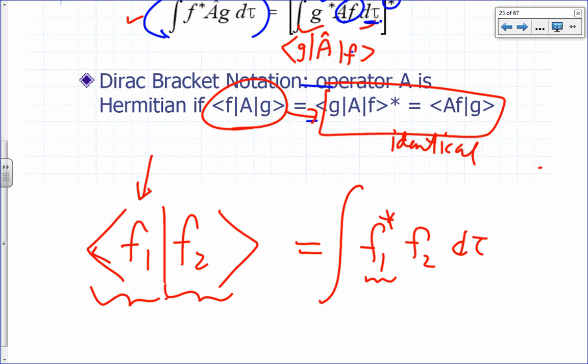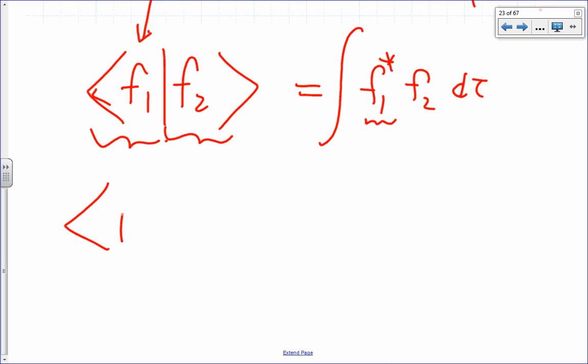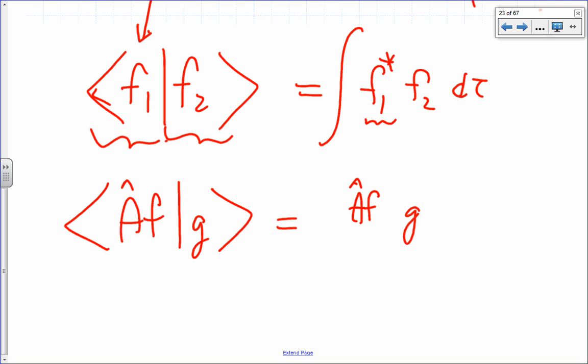So if I were to write A hat F G in bracket notation, what does that mean? I'm going to write G, and then I take the complex conjugate of A hat F. You take the complex conjugate of the whole thing.